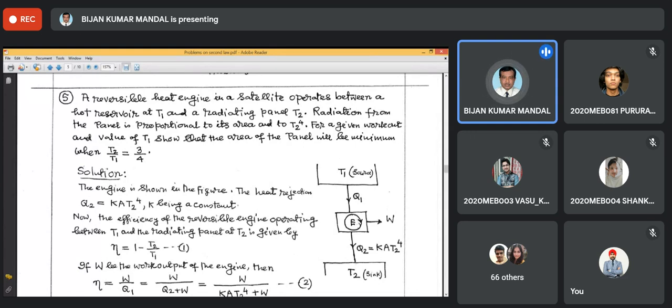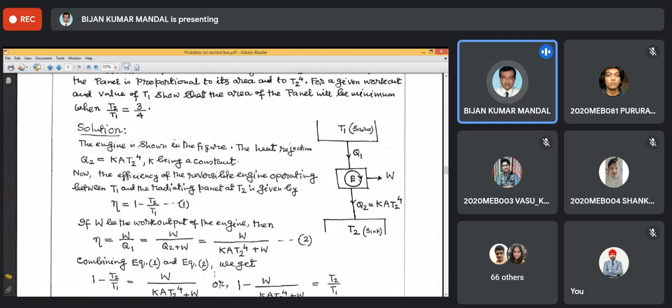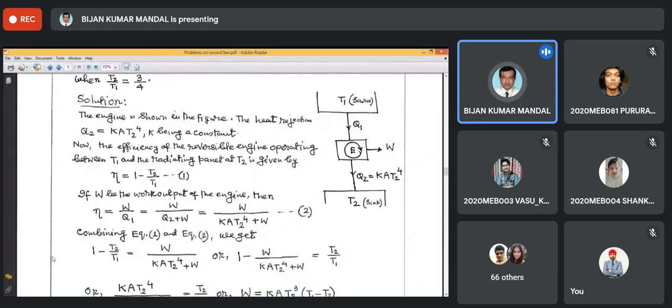So now the engine is shown in the figure, the heat rejection Q2 is equal to A sigma T2 to the power 4, K being a constant. Now the efficiency of the reversible engine operating between T1 and the radiating panel T2 is given by this. If W is the work output of the engine, then the efficiency is W by Q1, and Q1 is nothing but Q2 plus W, and instead of Q2 we write K A T2 to the power 4.